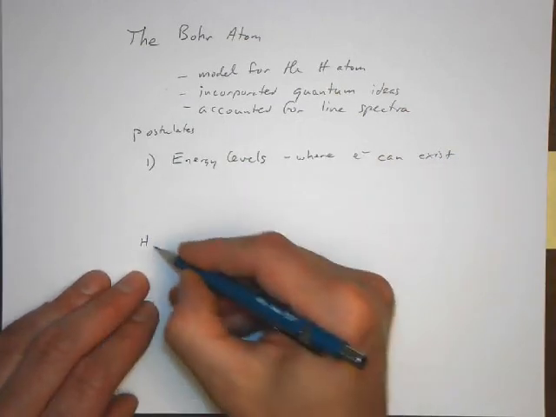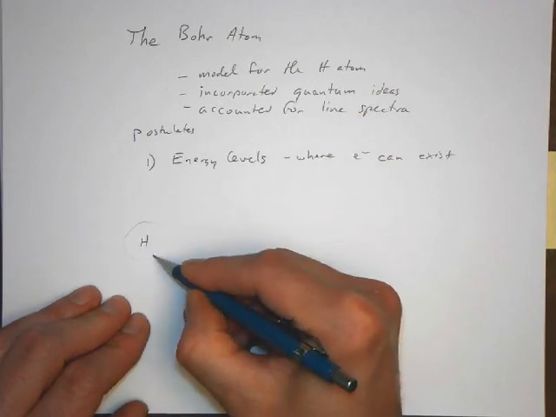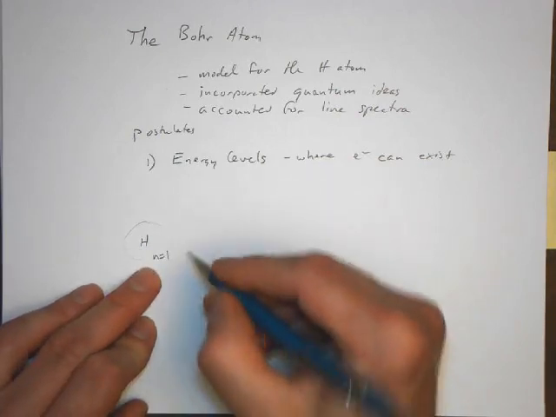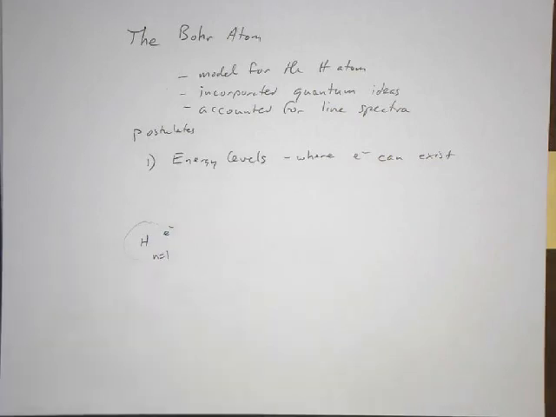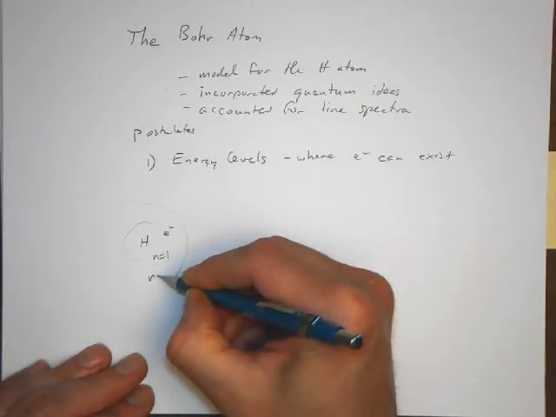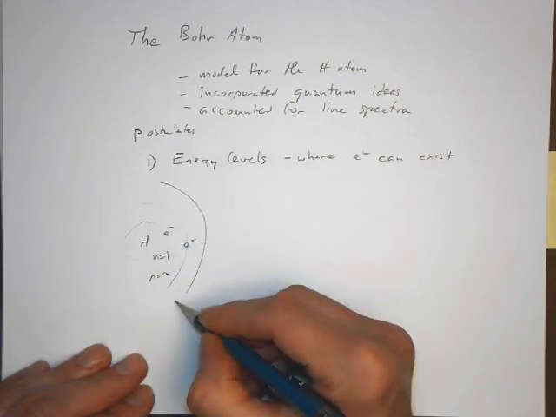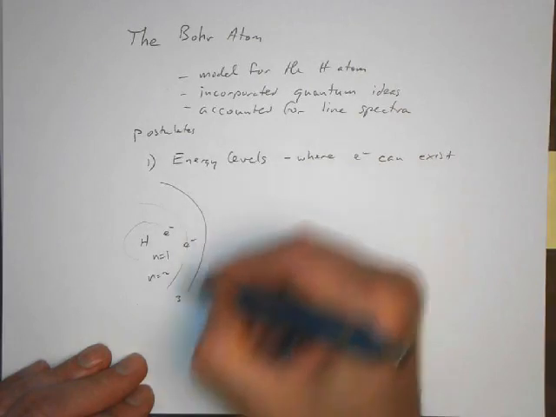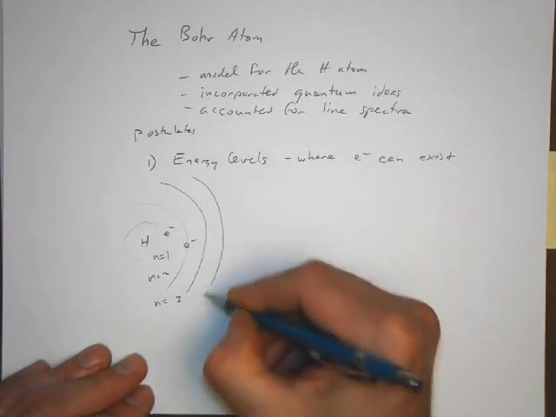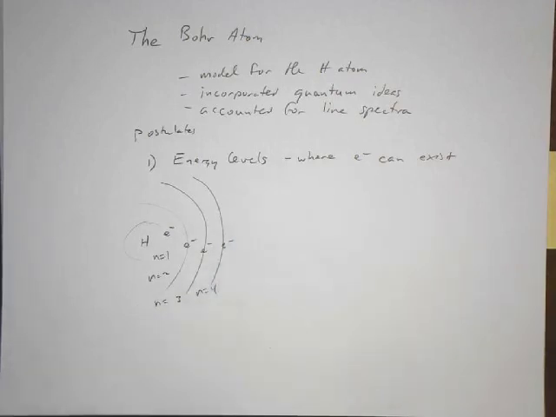So we might have a nucleus, and we have energy level n equals 1, and we could have an electron in that space. We could have energy level n equals 2, and we might have an electron in that space. Energy level n equals 3, energy level n equals 4. We might have electrons in these different spaces.